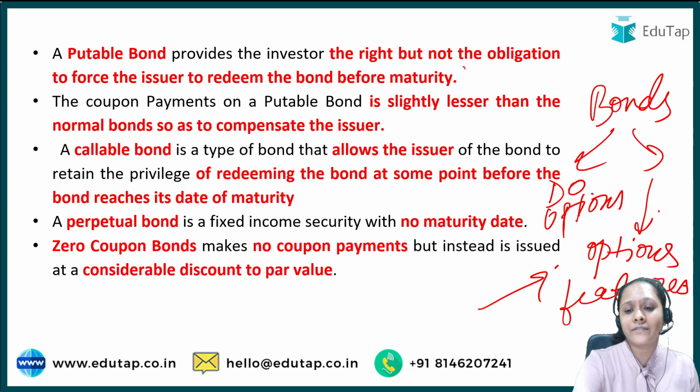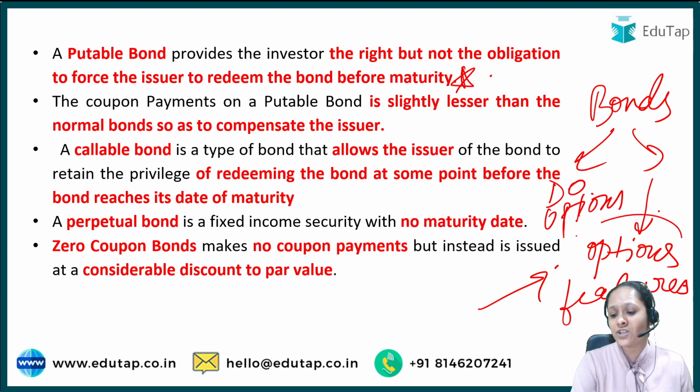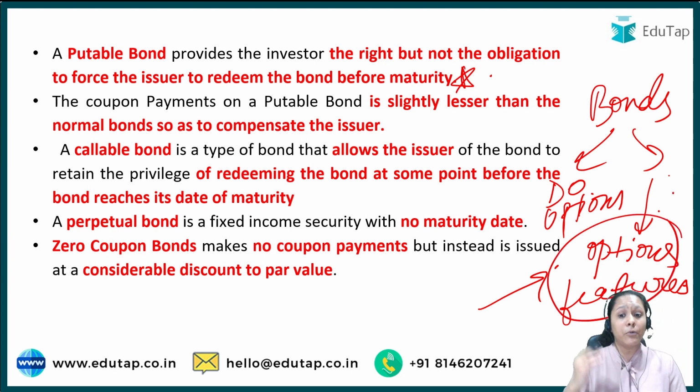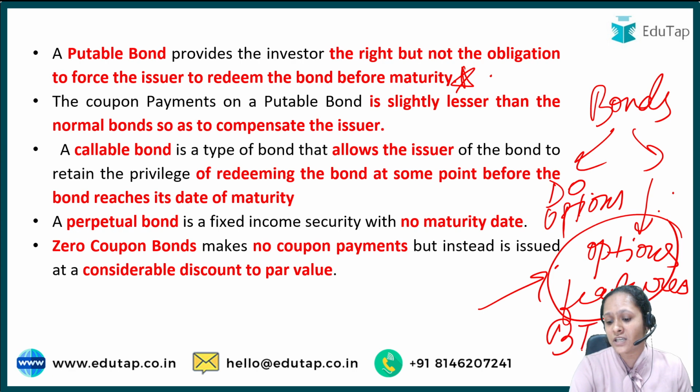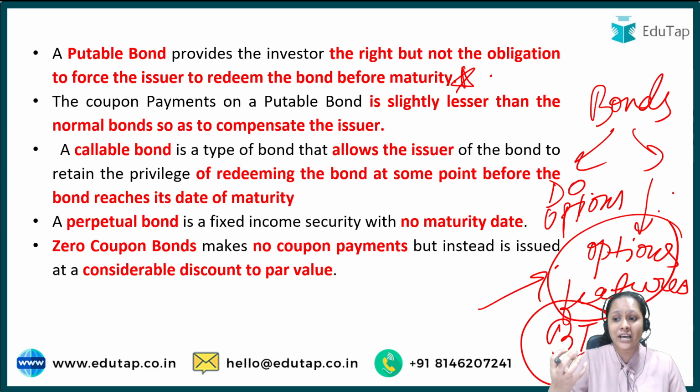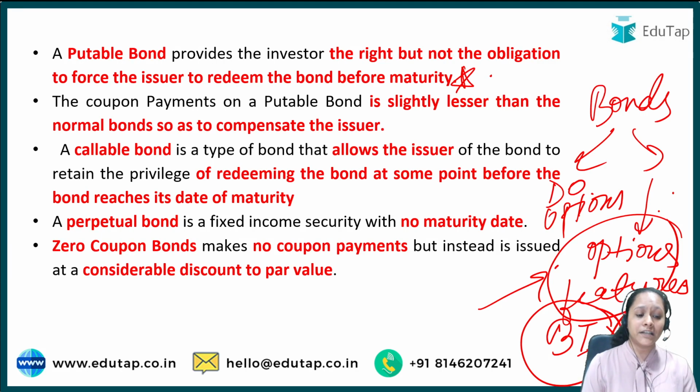And please always remember the option features are always mentioned in the bond indenture, which means not all bonds are puttable in nature. If an issuer has to issue a bond which has an option feature embedded in it, he has to mention the same in the bond indenture. So what is a puttable bond?